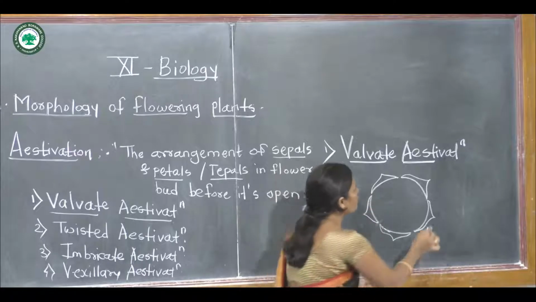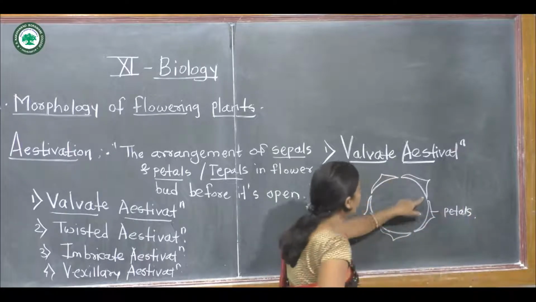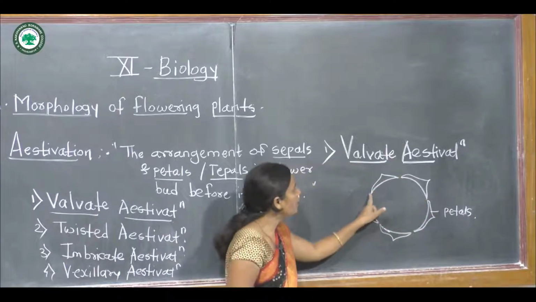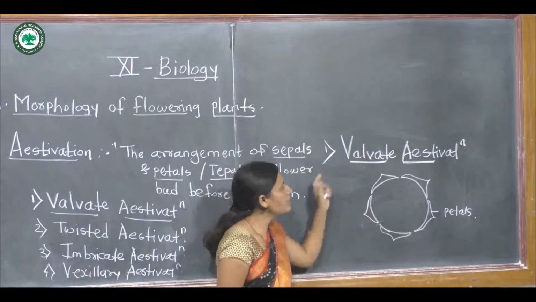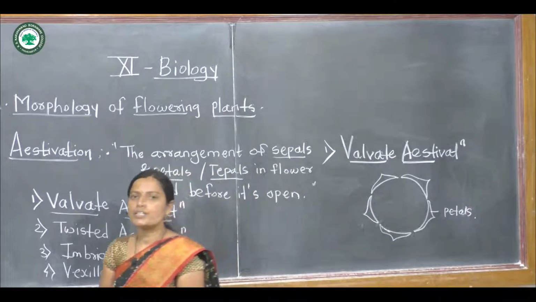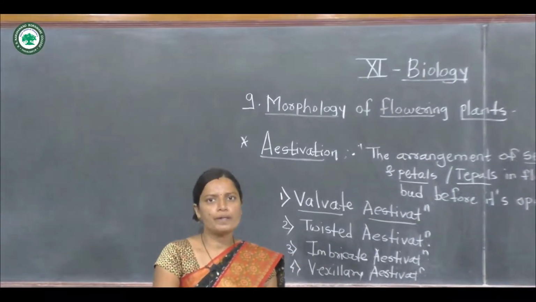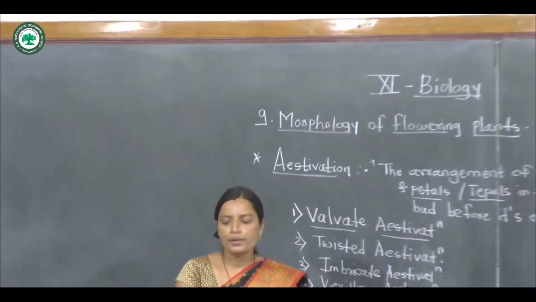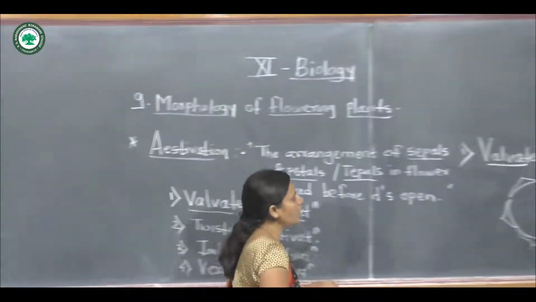This is one of the petals or sepals. Here the margins are only in contact with each other and do not overlap, and this type of estivation is called valvate estivation. For example, the calyx of Datura or Calotropis.